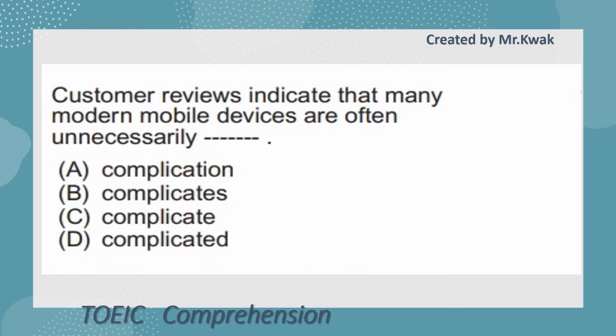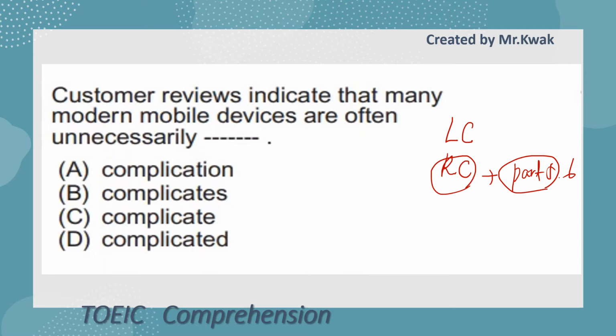If you are preparing for TOEIC, you might know that it is composed of listening comprehension and reading comprehension. Among the reading comprehension parts, there are parts 5 and 6.